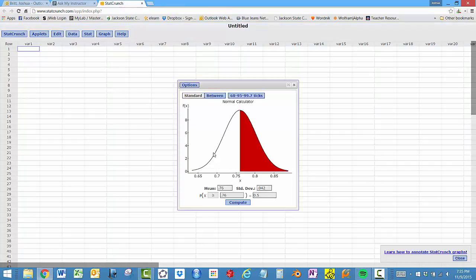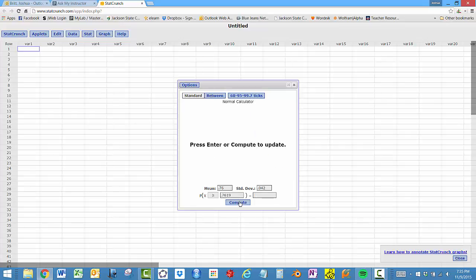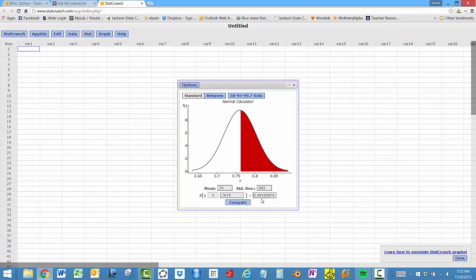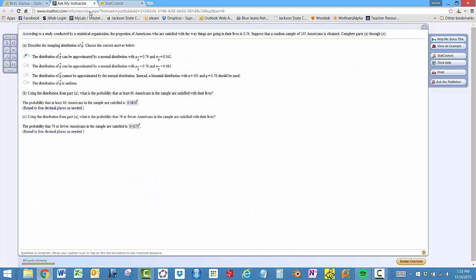If you want to get a closer estimate, you can do 0.7619, and that'll give you the 0.4819, which is what they got here. Okay, and then we want to know 79 or fewer.